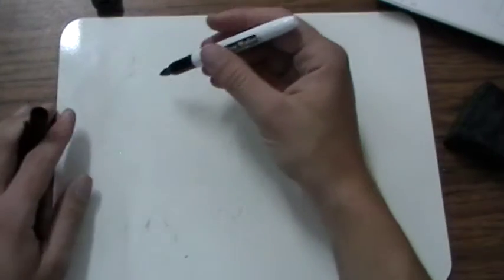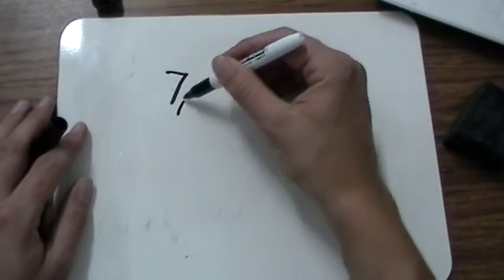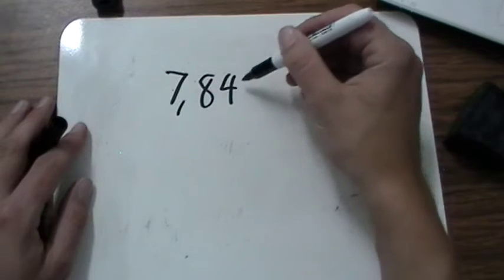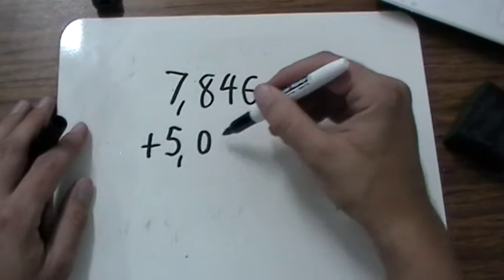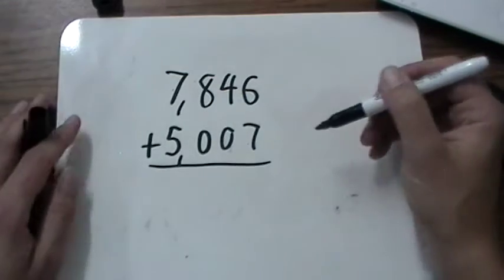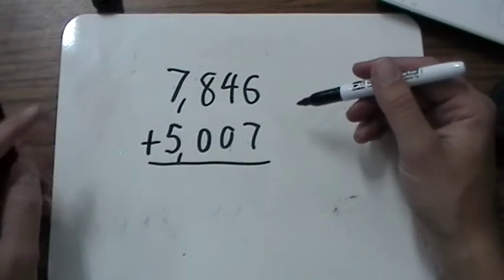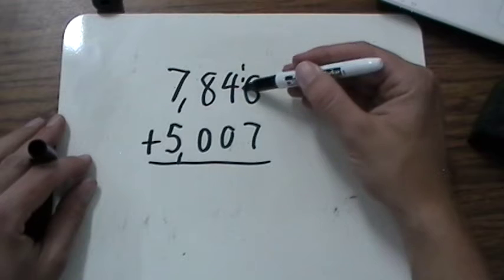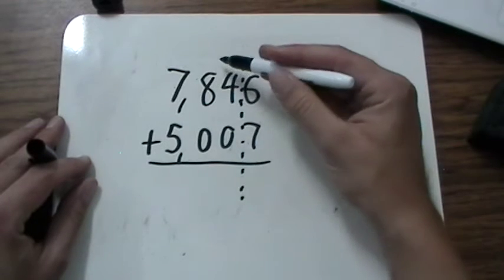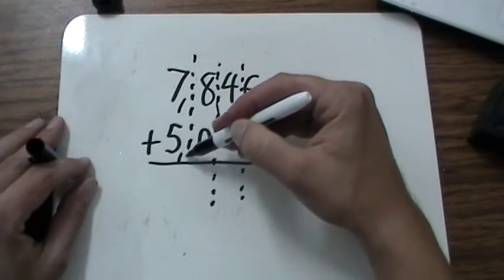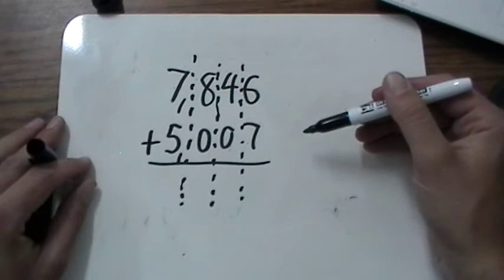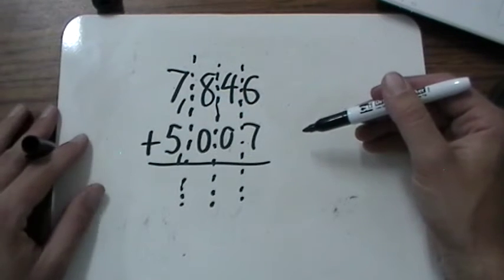So let's take 7,846 plus 5,007. Okay, remember the way I told you a couple weeks ago was to go ahead and divide these up into the place values. That helps me see that it's just 4 addition problems written right next to each other.